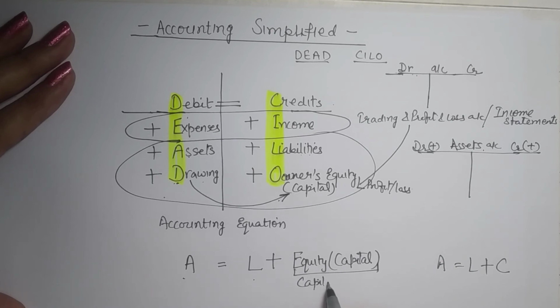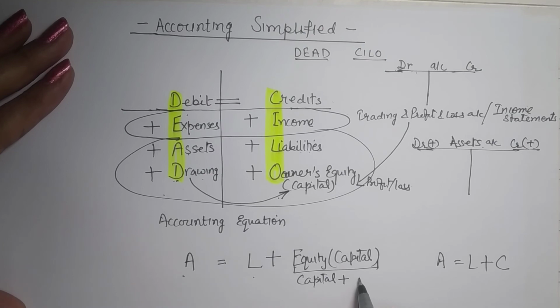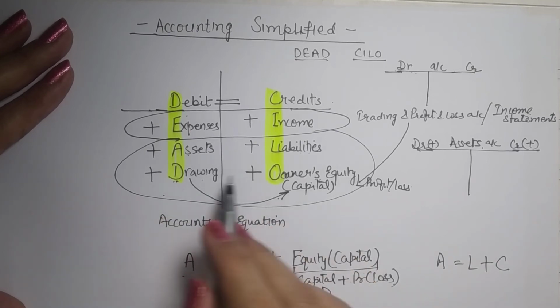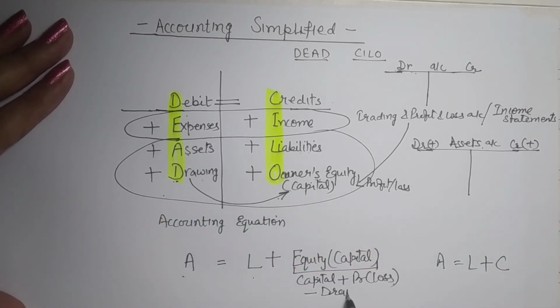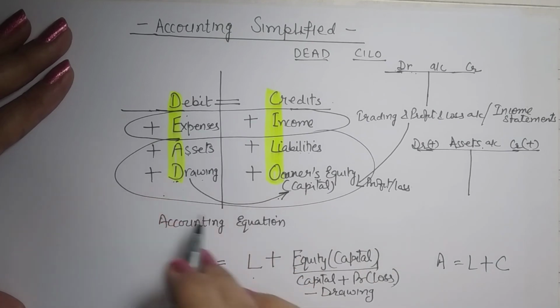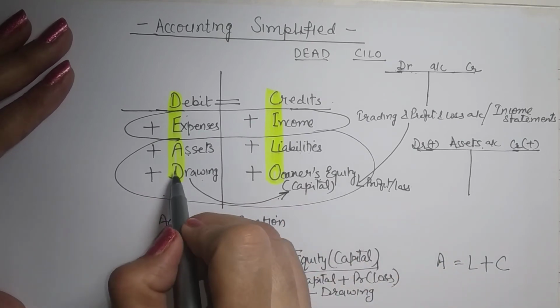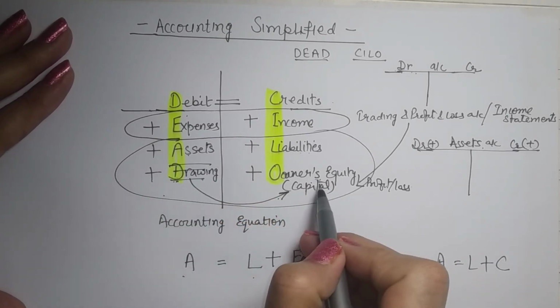It is his total capital that he has invested, plus profit minus loss, because this also belongs to him, minus drawing. These two are opposite of each other. So when drawing is adjusted, it is subtracted. So we get rid of this by subtracting it from here.